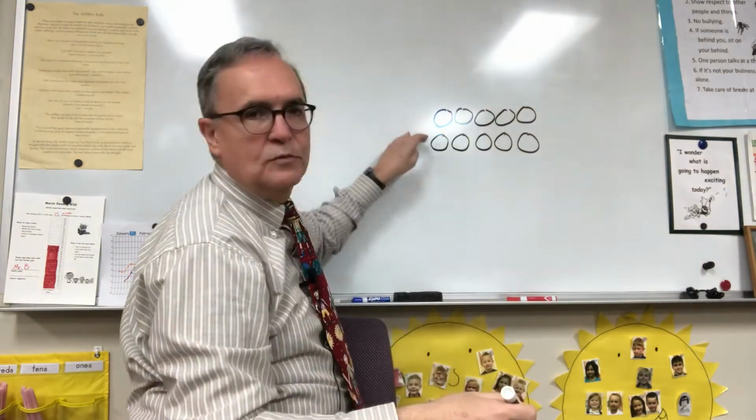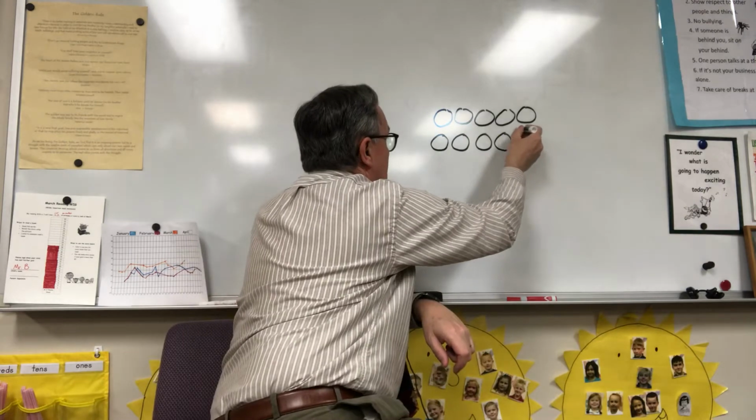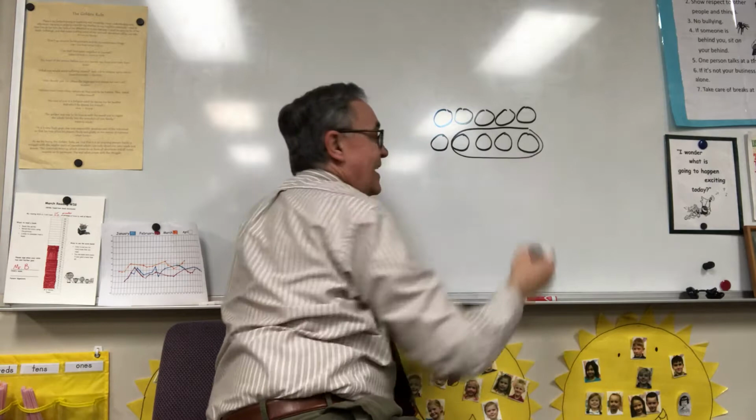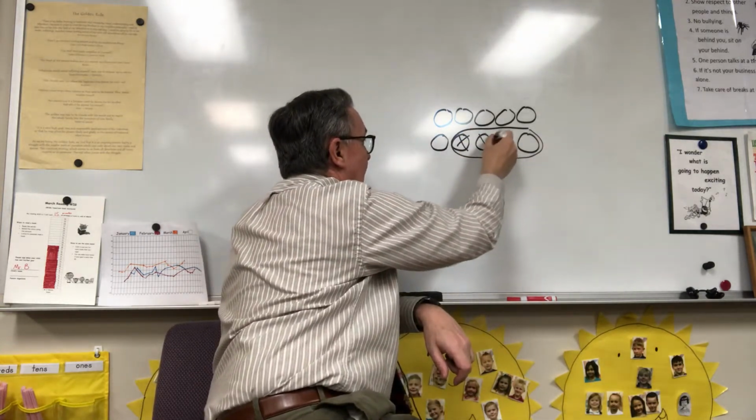There's Melanie's 10 peaches. 2 groups of 10. 4 of her peaches are not ripe. So let me put a circle around these 4 peaches, and she is not going to be able to eat them, so I'm going to cross them out.